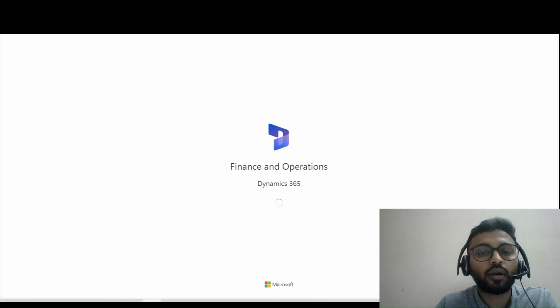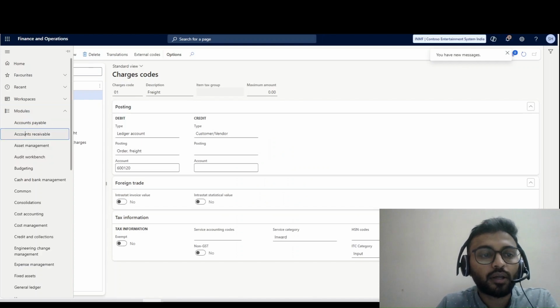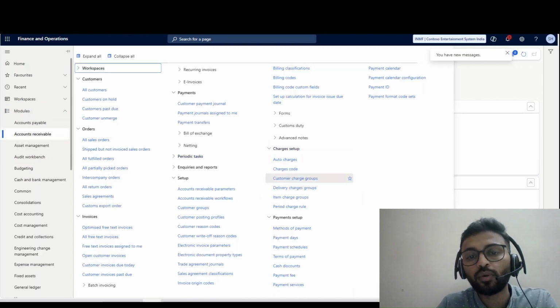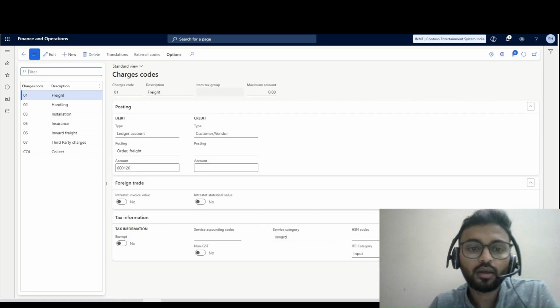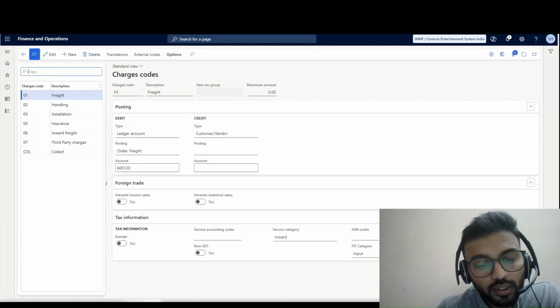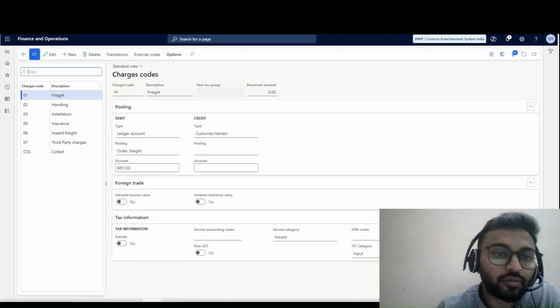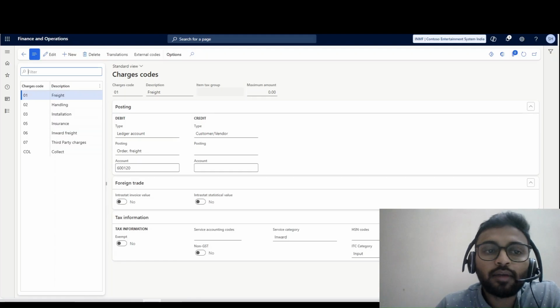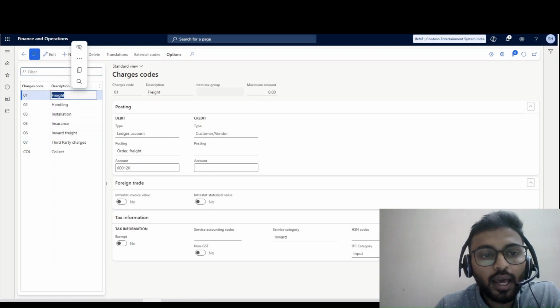But on the transaction level we'll only cover purchase entries, because it will become too lengthy if I cover everything in a single video. So to understand this setup in a better way, I will take the help of a journal entry. But before that, I will give you the overall idea.